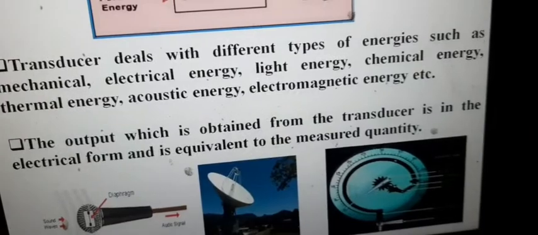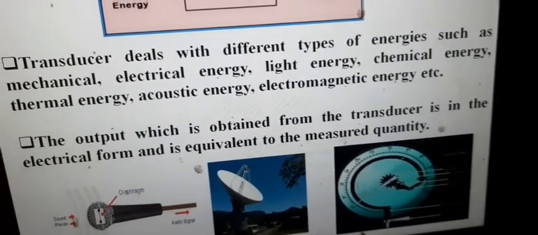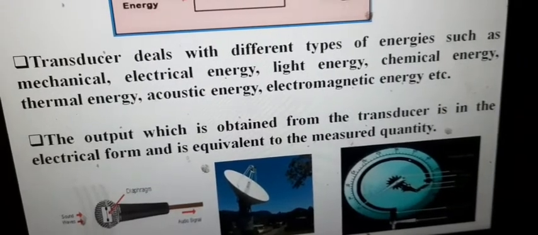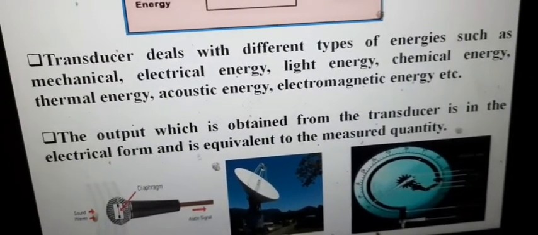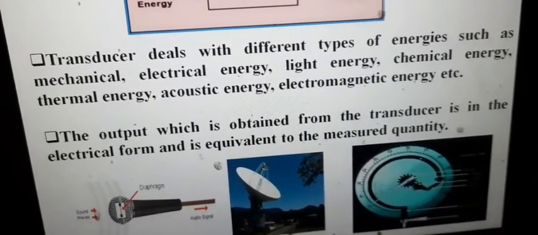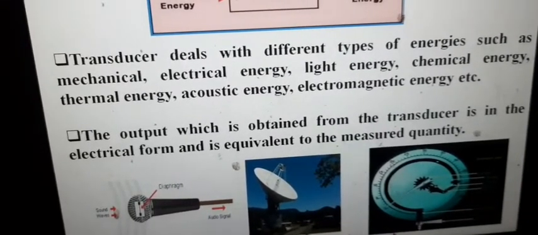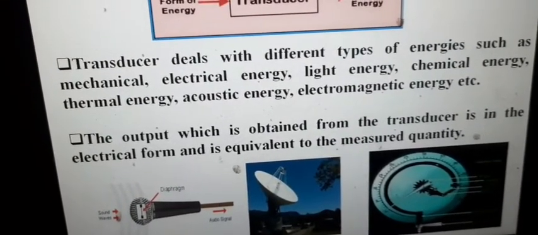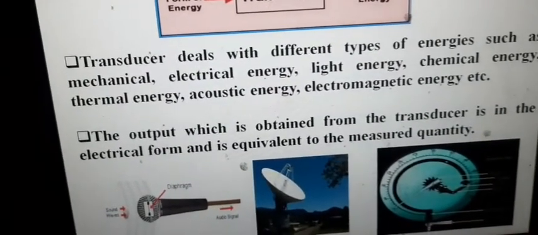Because of the rotation of the pinion, the pointer also rotates. So according to the magnitude of pressure, the pointer deflects. So it is one type of transducer where it converts the pressure energy into displacement. Because of the displacement of the pointer, you are able to read what is the pressure value. So these are few examples of transducer.